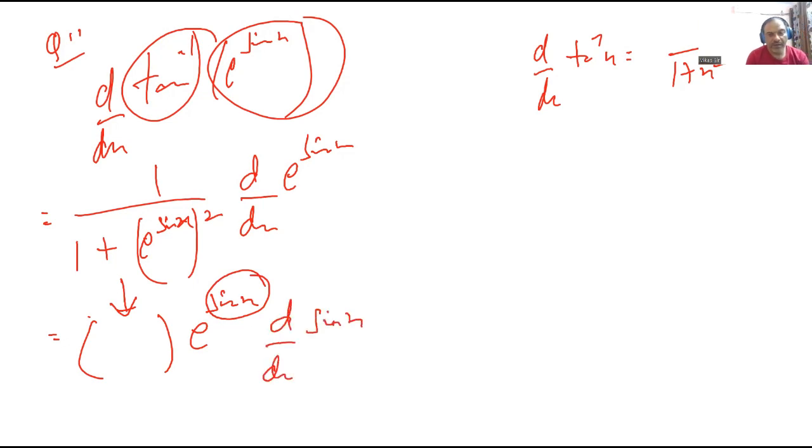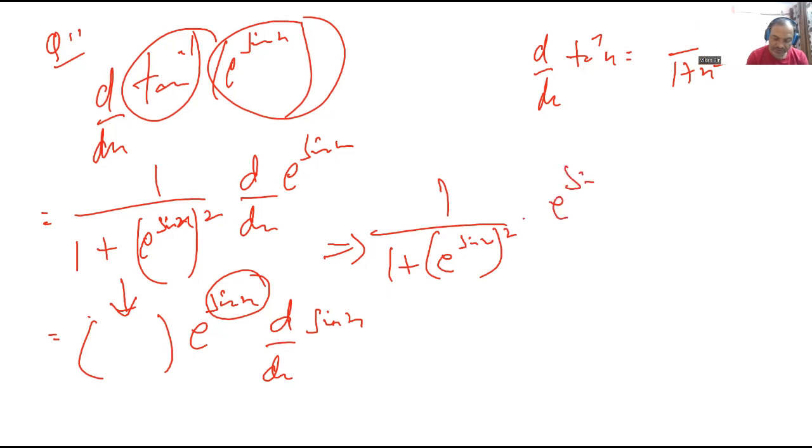Now, the required answer will be 1 over 1 plus e raised to power sin x, the whole square, times e raised to power sin x, times cos x. This is the required answer if you differentiate this whole.